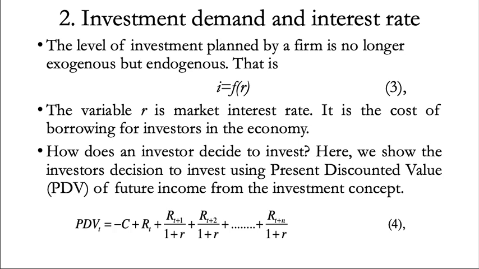So recall C, I, and G. For simplicity, as a starting point, if you recall your undergraduate or first degree level of study, interest rate directly affects investment demand. So interest rate here can affect investment demand.